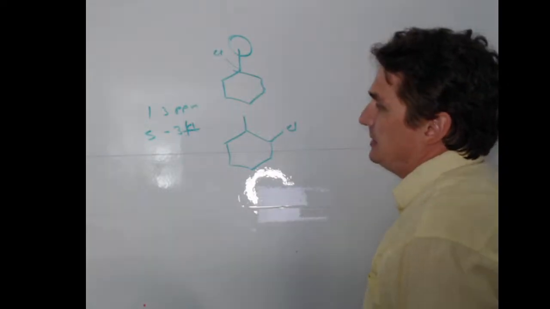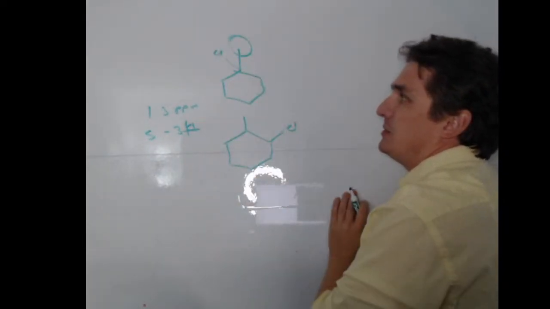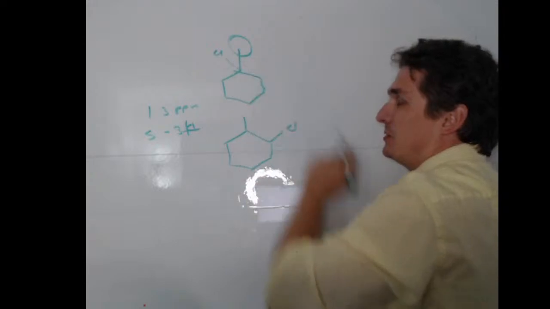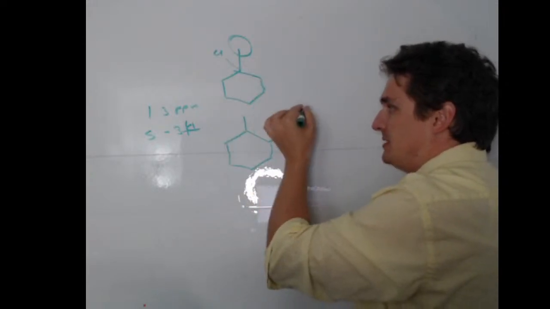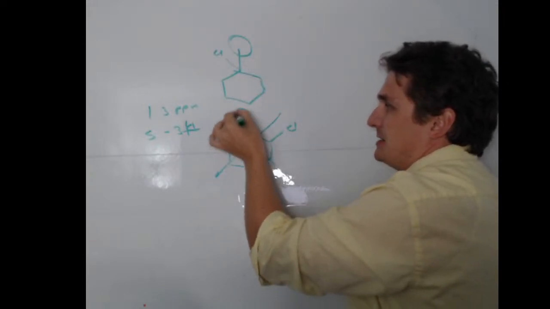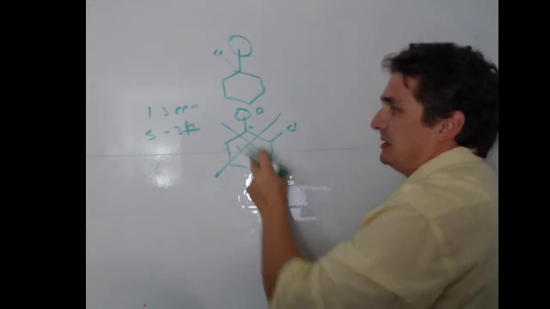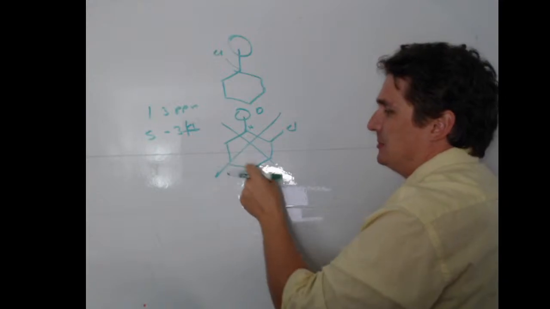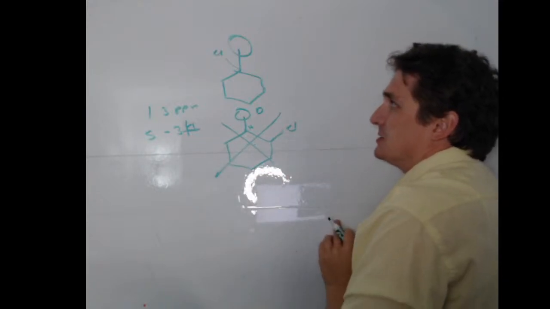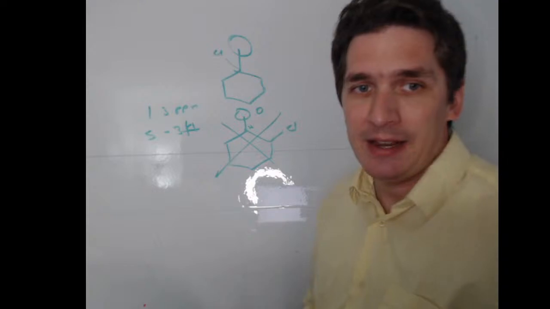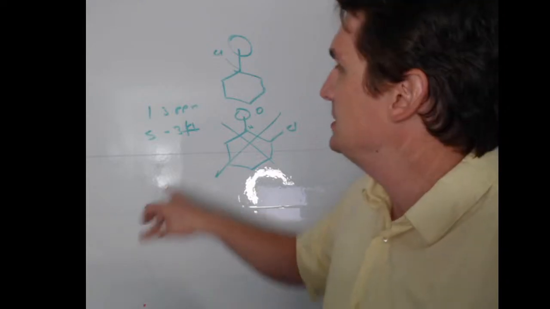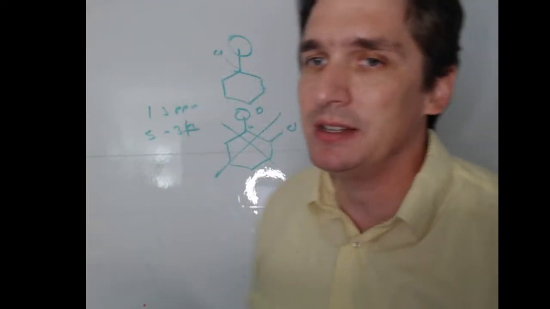If we look at these 2 molecules, this is the only one that can produce a singlet because this is the only one where there isn't an adjacent hydrogen. The other one would end up being a doublet, multiplet, multiplet, and so on. So even though we've got all this hydrogen NMR stuff in there, really the tip-off is that you have a singlet. And the only way to do that is if you got the Markovnikov addition.